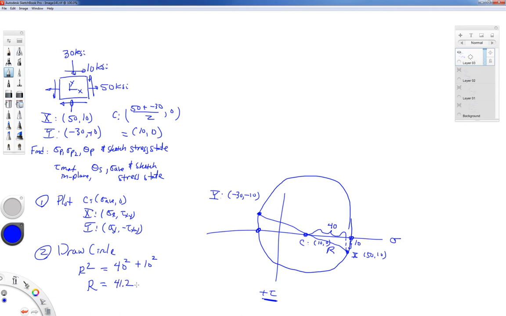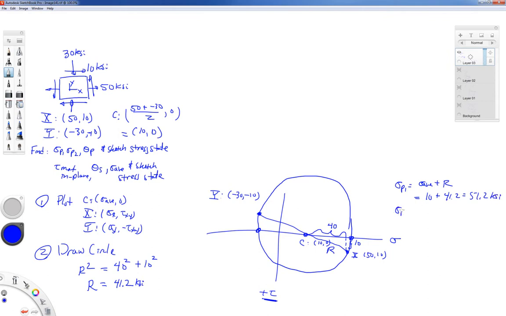And the units of that in this problem would be KSI. So the values of my stresses, sigma P1 and sigma P2, is going to be the center of the circle, 10 plus the radius, 41.2, it's 51.2 KSI.